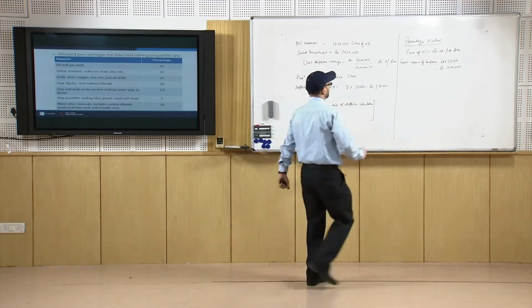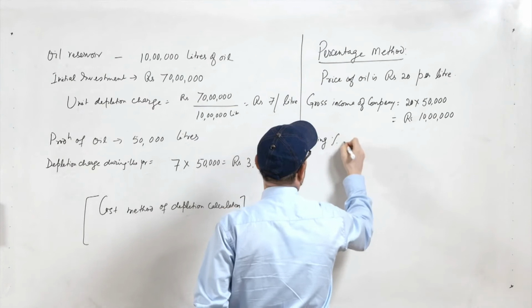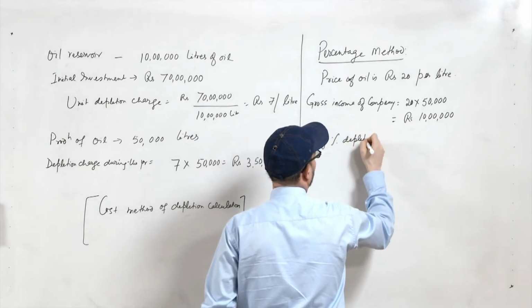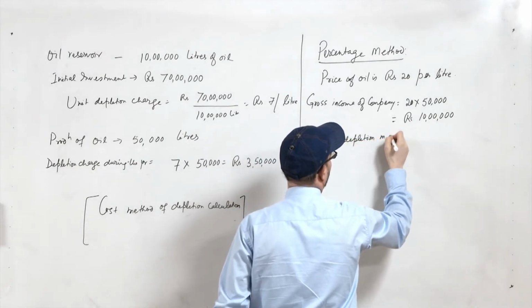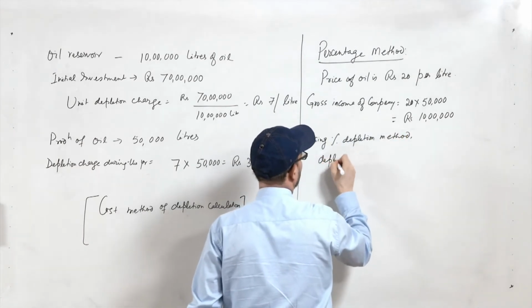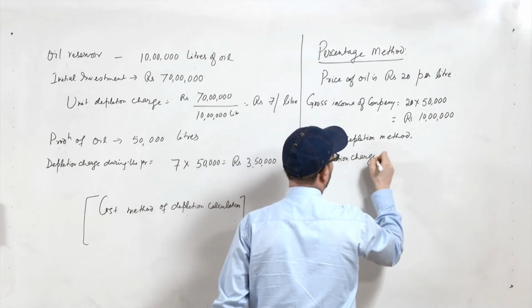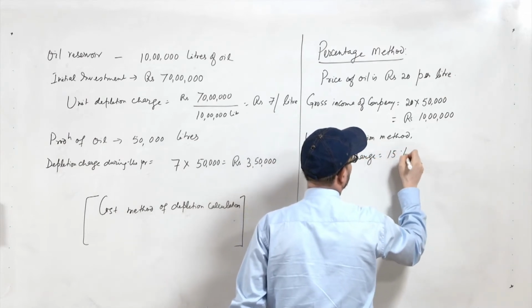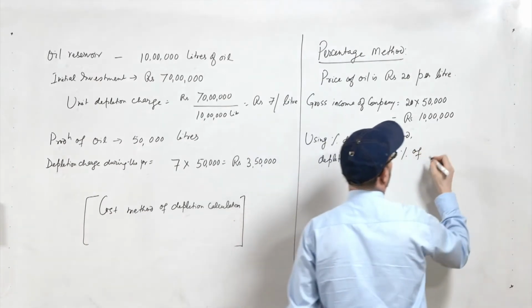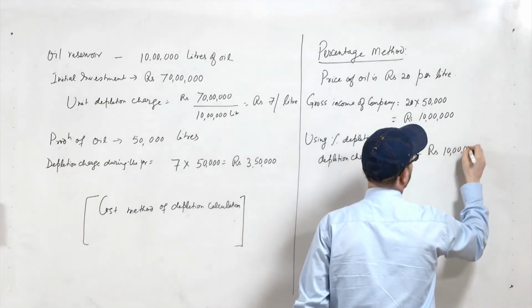So, using the percentage depletion method, the depletion charge will be 15% of the gross income, rupees 10 lakh.